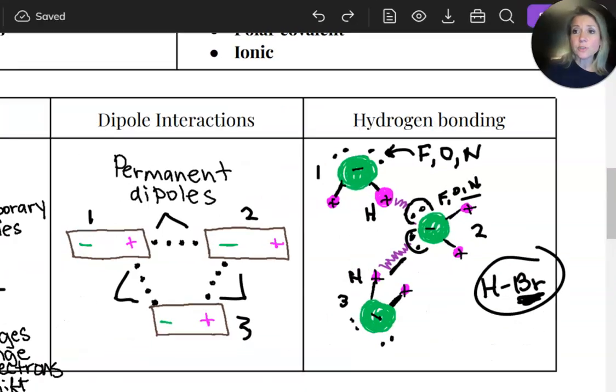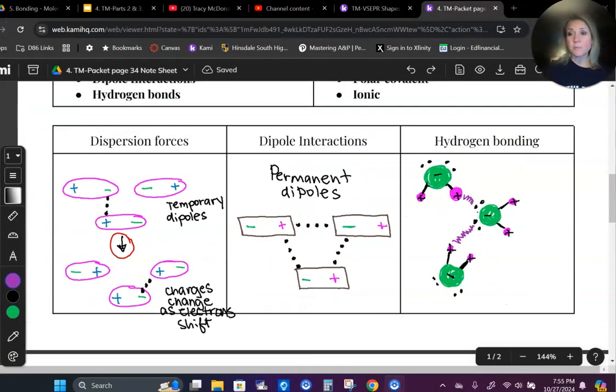So that's how you would draw the interactions between atoms and demonstrate different intermolecular forces. Remember, intermolecular forces are weak, intramolecular bonds are strong.